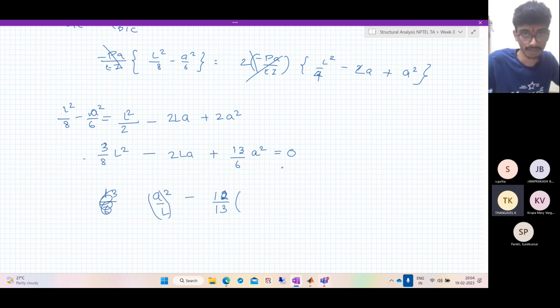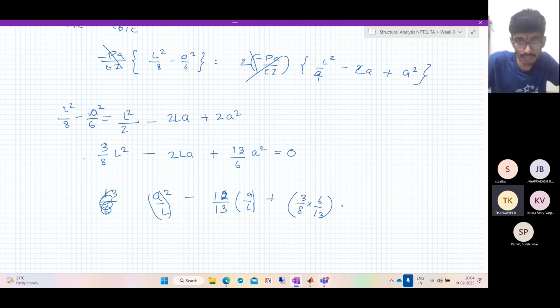Let's divide throughout by L square and divide it by 13 by 6. So we get 12 by 13 A by L plus we have 3 by 8, L square by L square will go away, divided by 13 by 6. So it is 6 by 13 into 6 by 13 equal to 0.